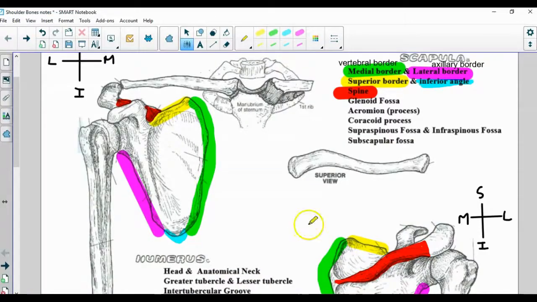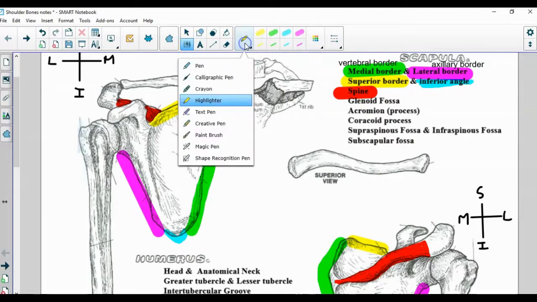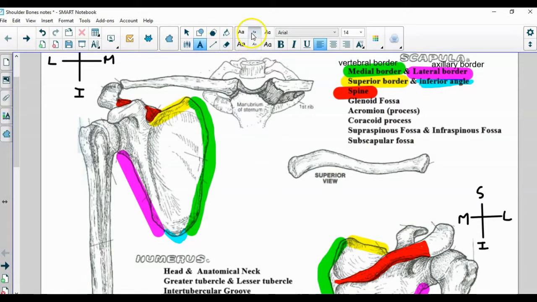So let's continue. The spine is a posterior feature. Very important to note that. I guess I'm going to add it up here. I'm struggling. There we go.